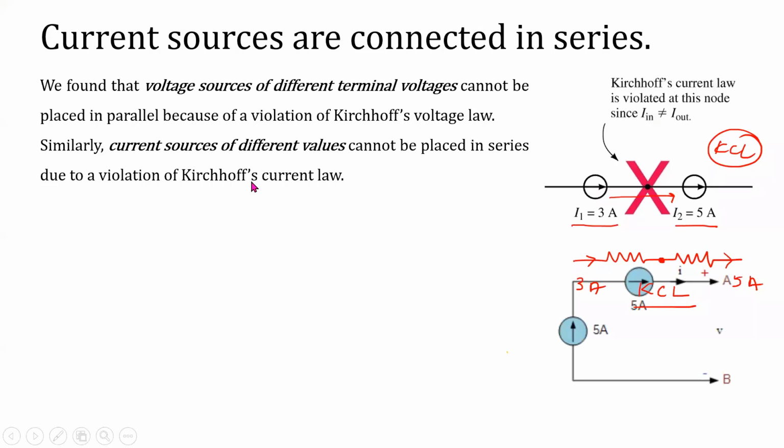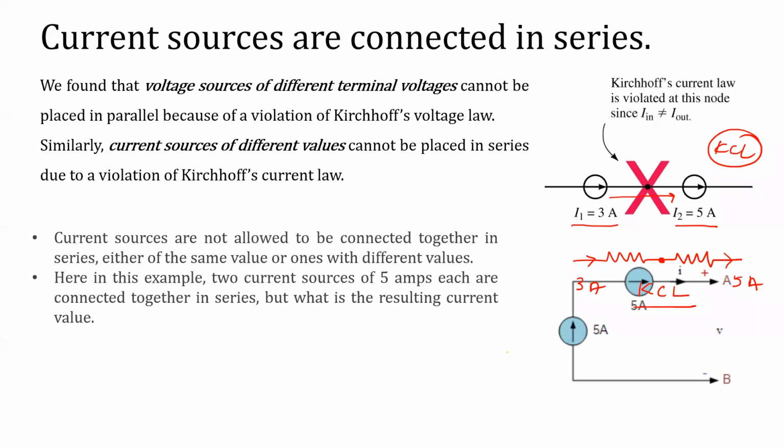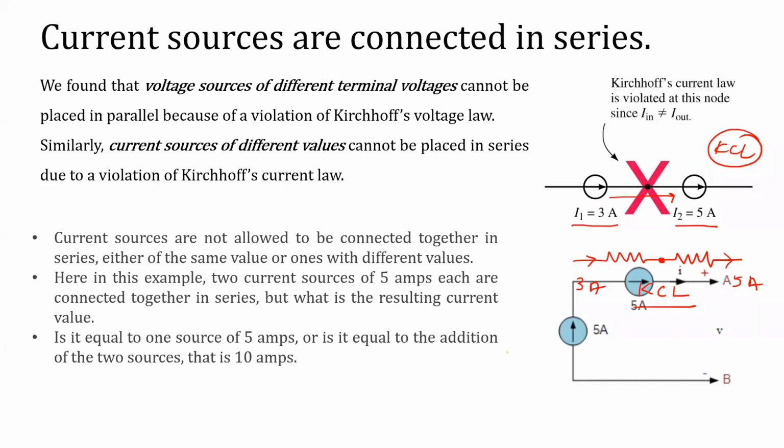All right. Next, if two current sources of same value are connected in series, the expected result is 5 amps itself, not 10. It is not an added result or a subtracted result, but actually we are wasting a current source here. It is not recommended to connect current sources in series.